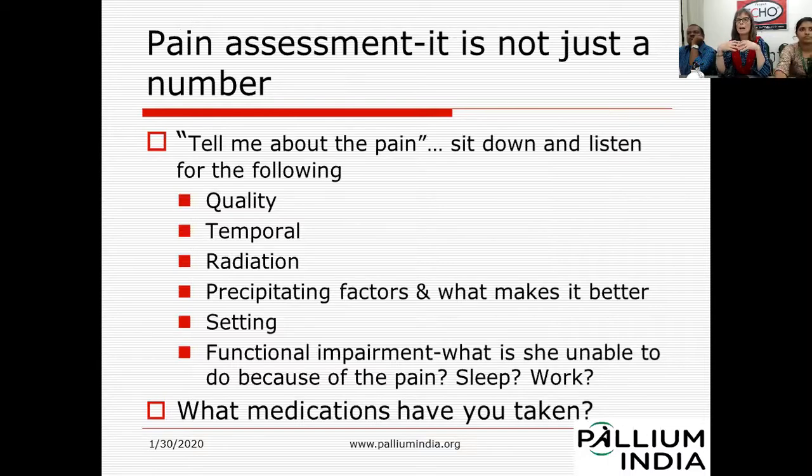So the pain assessment, sometimes when I say, tell me about your pain, patients say 5, or they say 10. And I say, no, that doesn't help me. I need to know more about the pain. I don't need a number, but can you tell me about your pain?